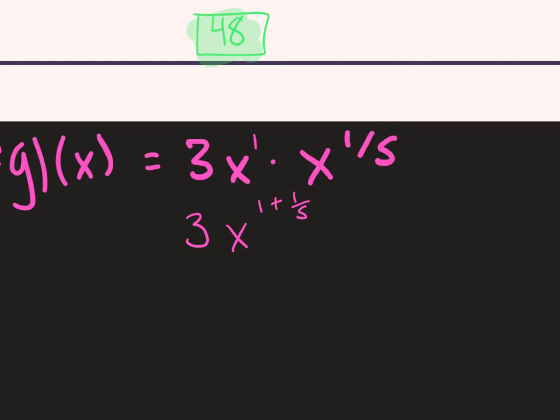What do we change the 1 to in order to add? 5/5. So what do we get for our new exponent? 6/5. So 3 times x to the power of 6/5.